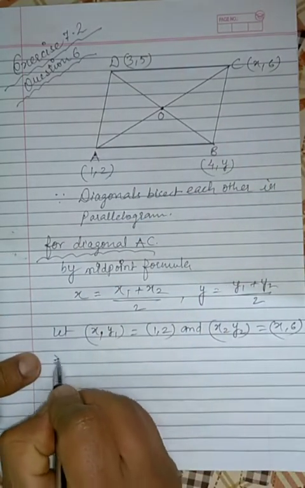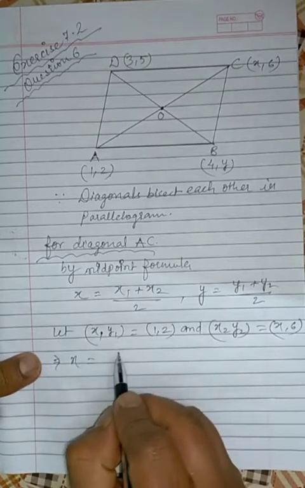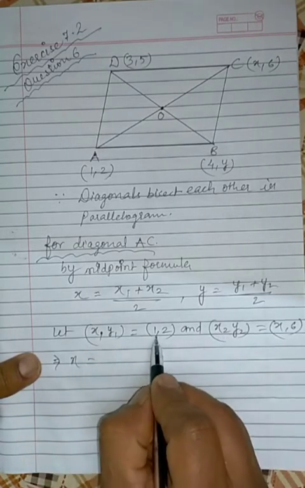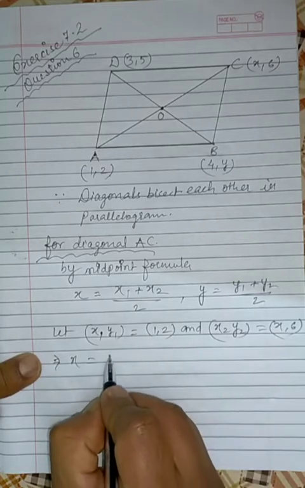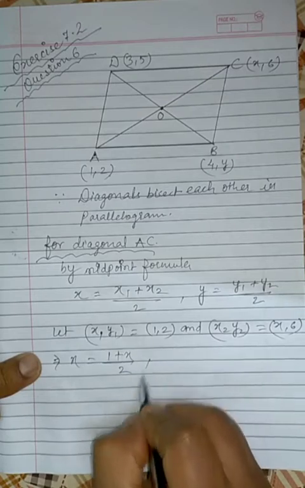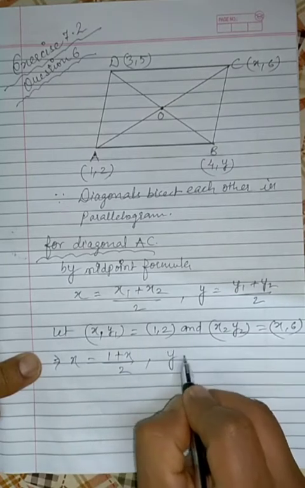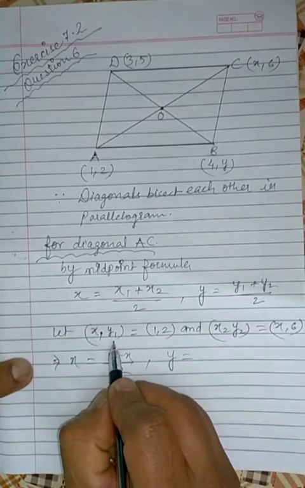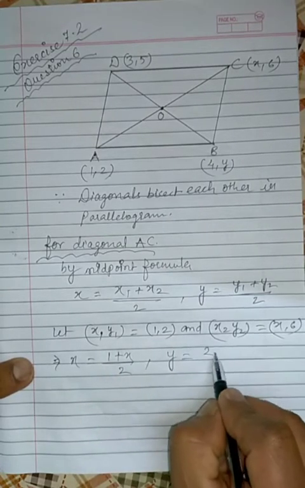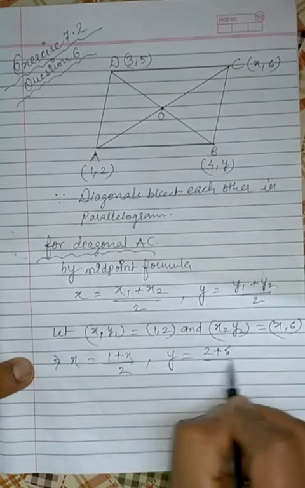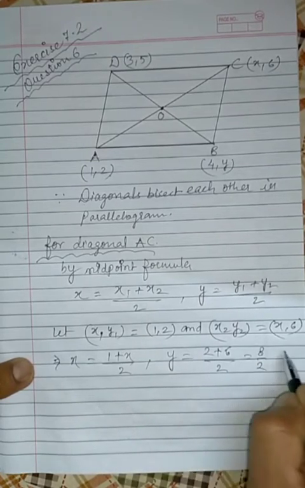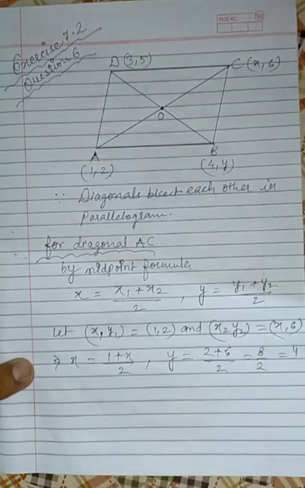So by midpoint formula, x is equal to (x1 plus x2) upon 2, that is (1 plus x) upon 2, and y is equal to (y1 plus y2) upon 2, that is (2 plus 6) upon 2, that is equal to 8 upon 2, which is equal to 4.